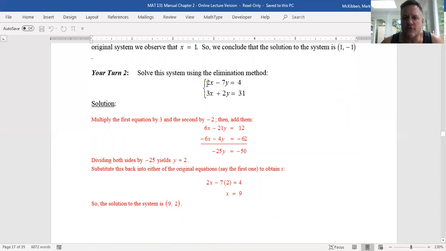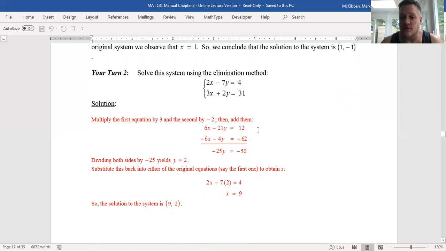If I multiply the first equation by 3 and the second one by -2, like I suggest here, the x terms when you add them will actually cancel out. Just make certain that you multiply every term in the equation on both sides by the number that you choose in each case, right? Don't just multiply the term you're trying to kill off by it, right?